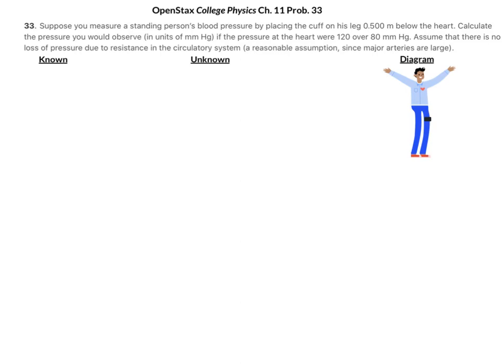So let's write down the things that we know. We know that the height difference is 0.5 meters. And we know that his blood pressure is 120 over 80 millimeters of mercury. So we're looking at the blood pressure in the leg.